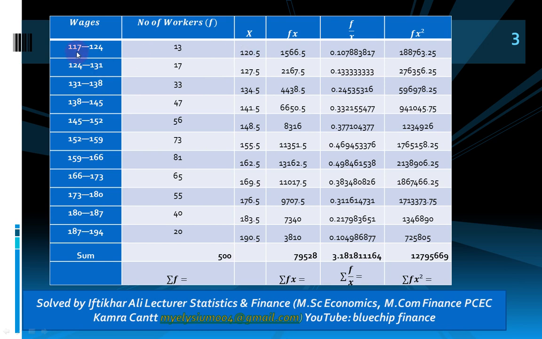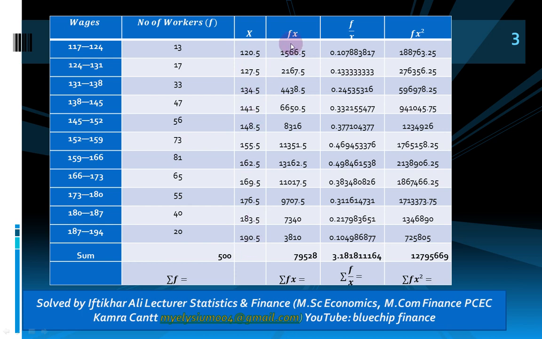After that, there is a difference of 7. So just add up the difference in subsequent class marks. So 120.5 plus 7, 127.5 plus 7, 134.5, and so on.